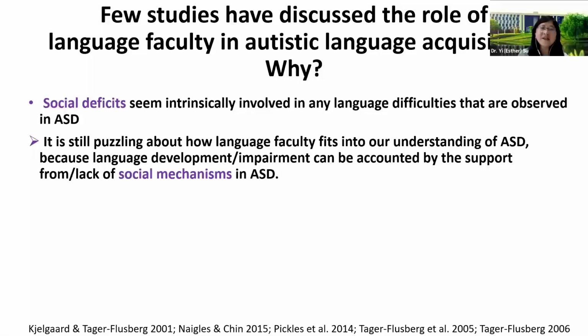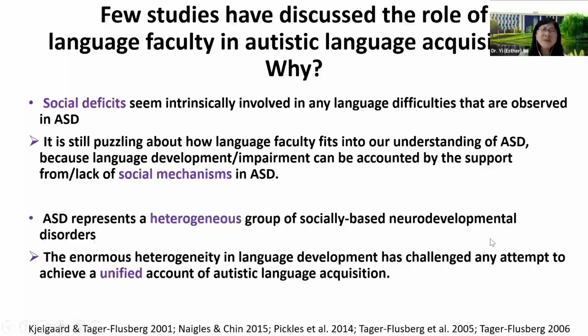A lot of their language impairment can be accounted for by the lack of social mechanisms in ASD. And number two, because ASD represents a heterogeneous group of socially based neurodevelopmental disorders, the enormous heterogeneity in language development has challenged any attempt to achieve a unified account of autistic language acquisition.